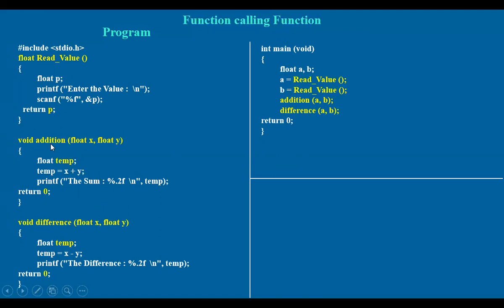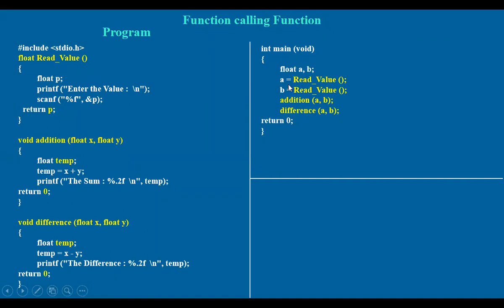Now coming to this void addition function, this is for summing these two values X, Y. How did we get these X and Y values? We are just directly adding temp is equal to X plus Y. How? In the main function, we are reading these values.